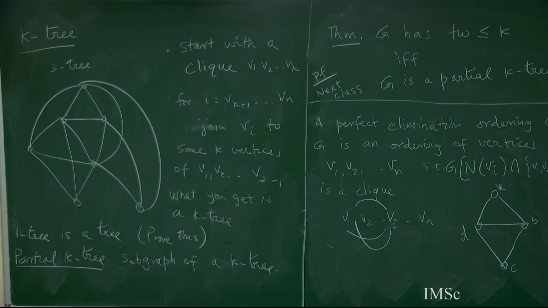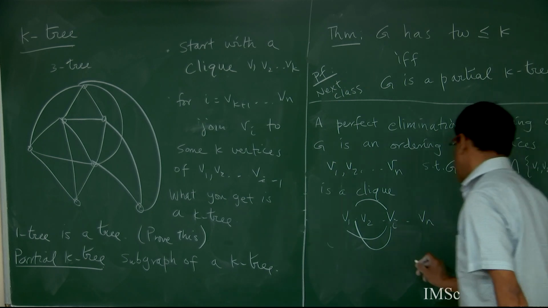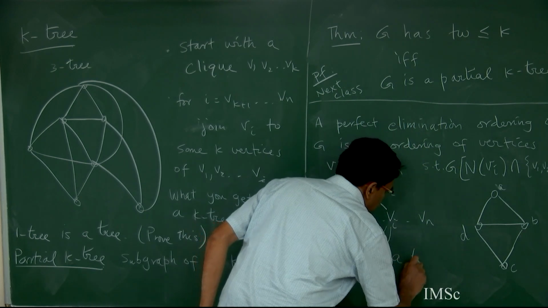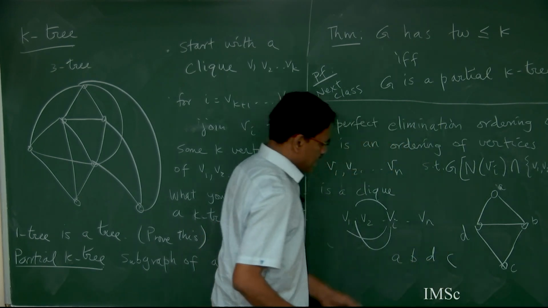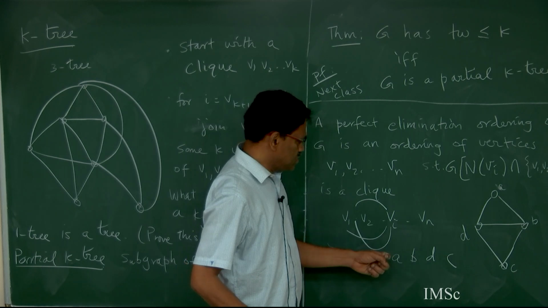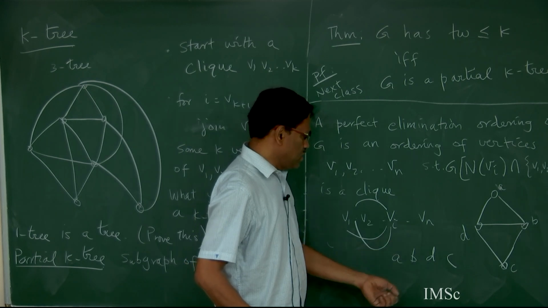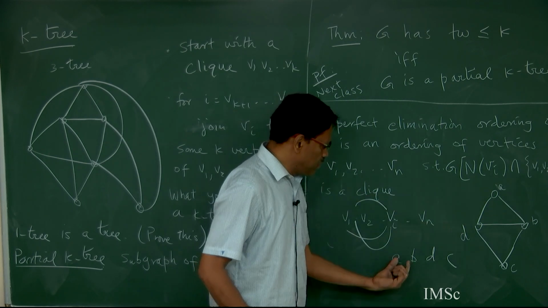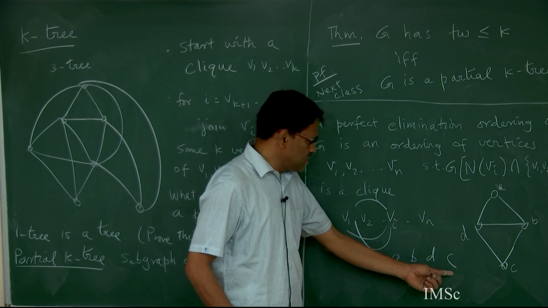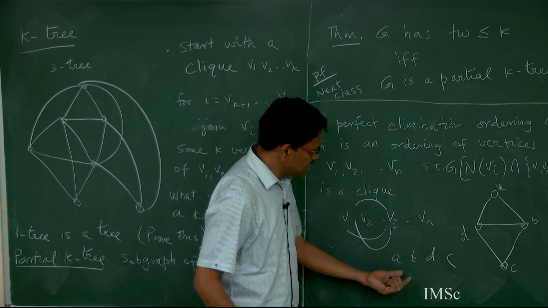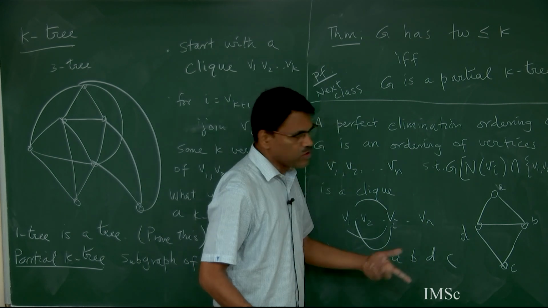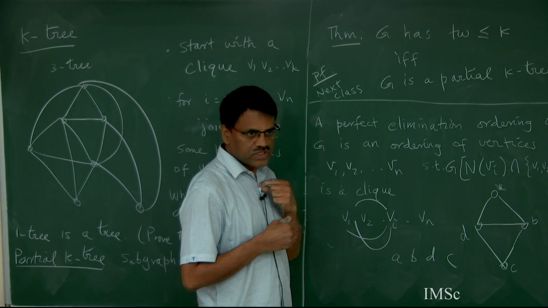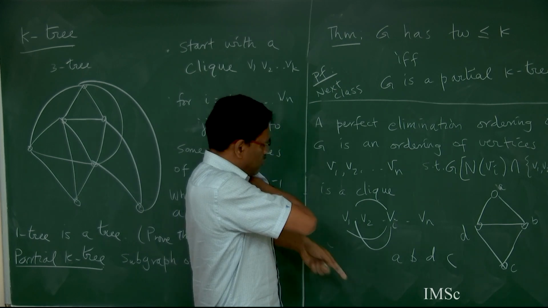A, B, D, C. If I order them as A, B, D, C, then B is adjacent to A, fine. D is adjacent to A and B, but A, B forms a clique, and C is adjacent only to B and D, and B, D forms a clique. Good. So here is a graph where I can order it this way.